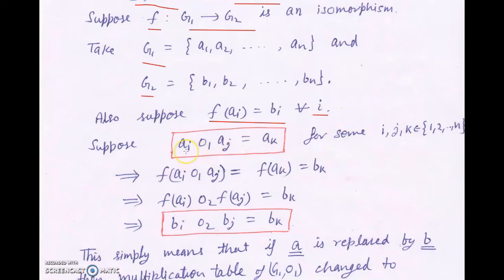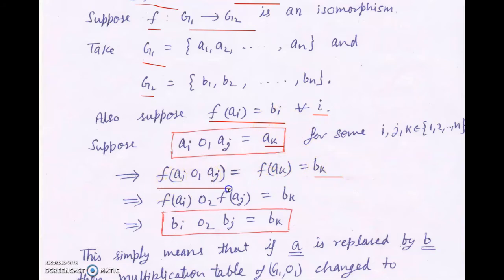Further, suppose if I compose some elements Ai and Aj, then we get element Ak in the group G1. Let us apply F on both sides. So F of Ai O1 Aj is equal to F of Ak, and because of the definition of F, it will become Bk.